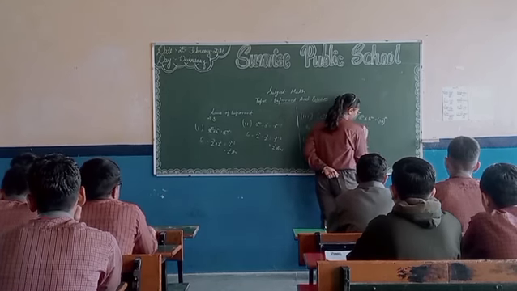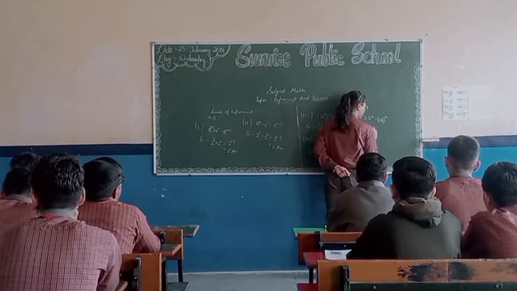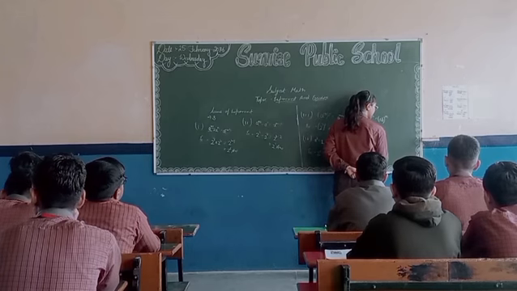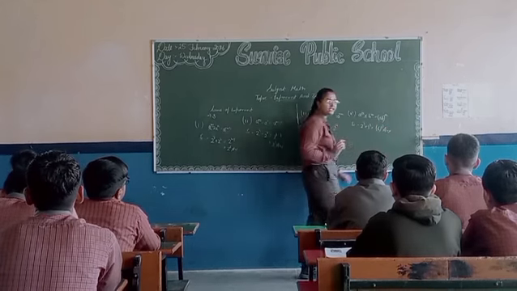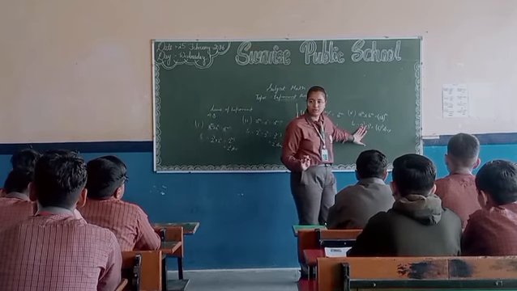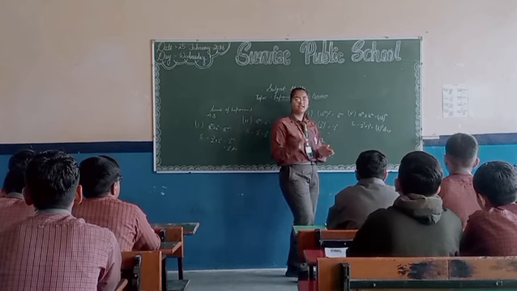Example: 2 raised to the power 3 multiplied by 3 raised to the power 3 is equal to 6 raised to the power 3. What we do in this is multiply the bases and take the exponent common.